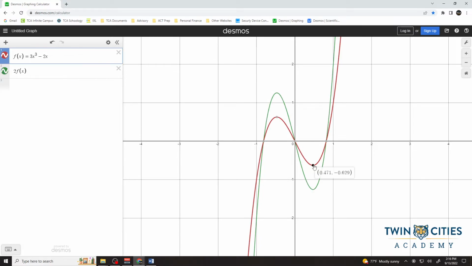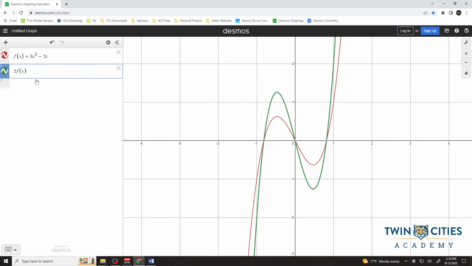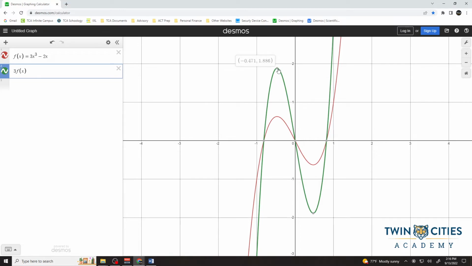Okay, same thing here. It doubled. So if I went to 3, we would see that it's 3 times where it was. Like so.